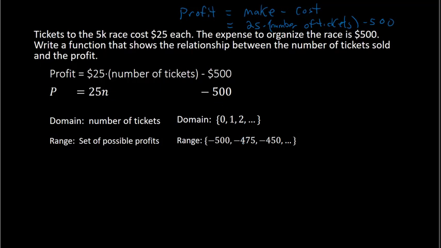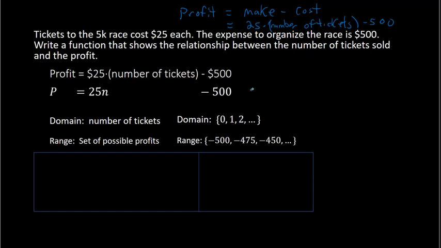That's negative 475. If we sell 2 tickets, it's 25 times 2, so $50, minus 500. That gives me negative 450. And that would continue for however many tickets we sell. So this is your range, all the possible profits that I could have earned.